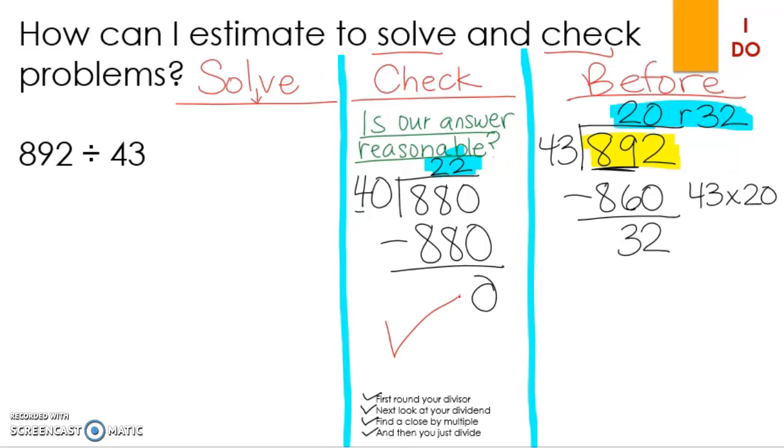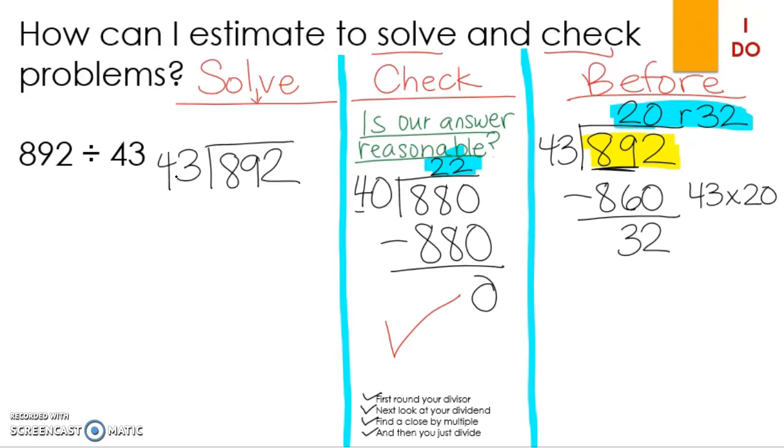We can also use estimation to solve the problem. And a lot of you are going to say, oh my goodness, I know this already. This is what I'm doing already when I divide. But let's take a look. Estimating is to ask yourself, okay, how many times do I think this number goes into that number?